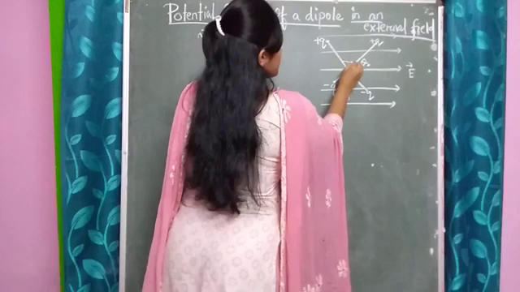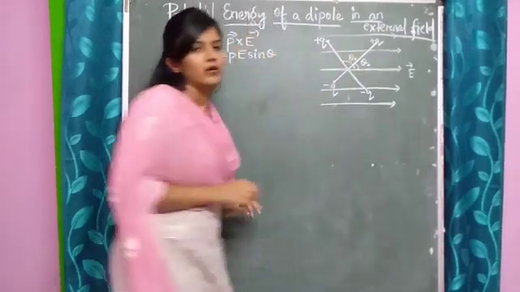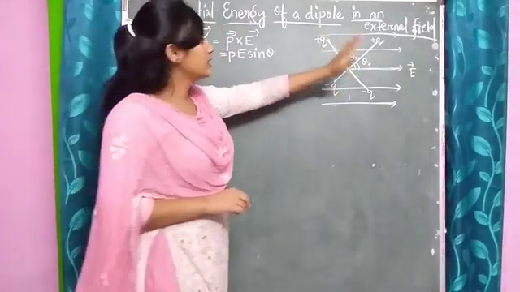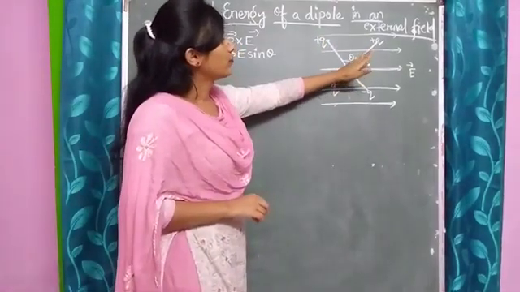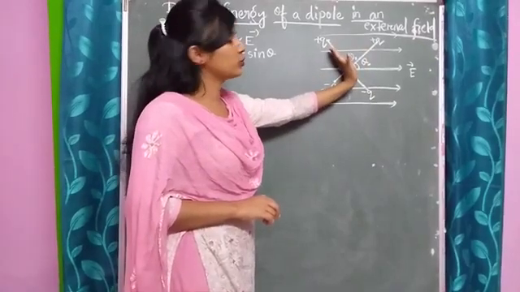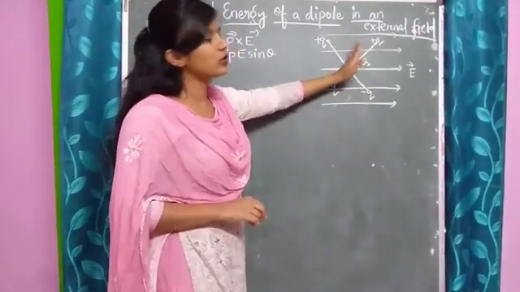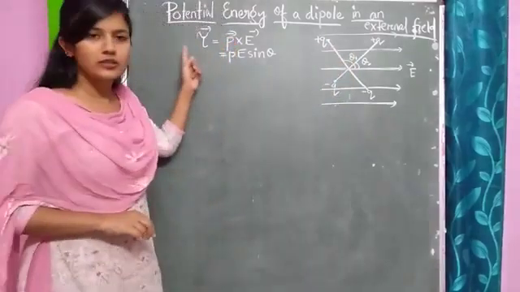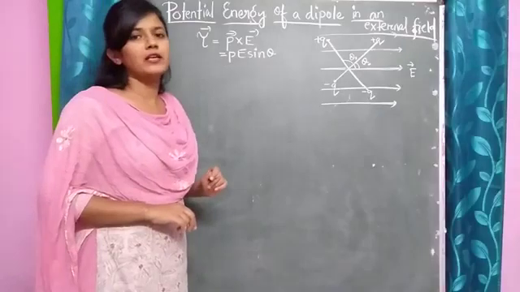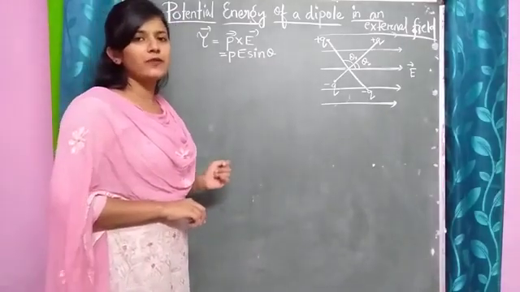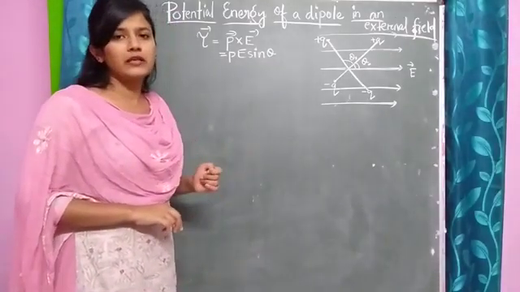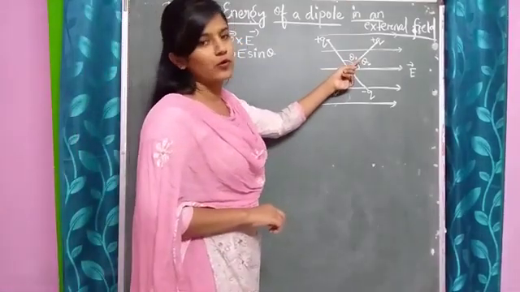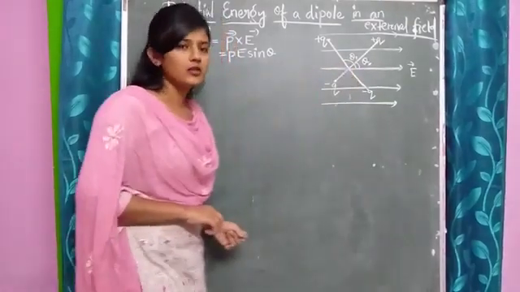So if I want to rotate this dipole from this position to this position, that means from theta naught to theta 1, against this torque I have to apply some external torque. Let us find out the work done by that external torque.